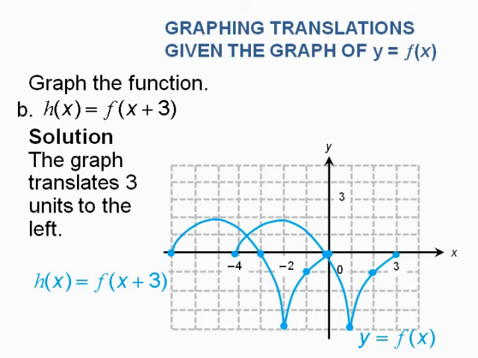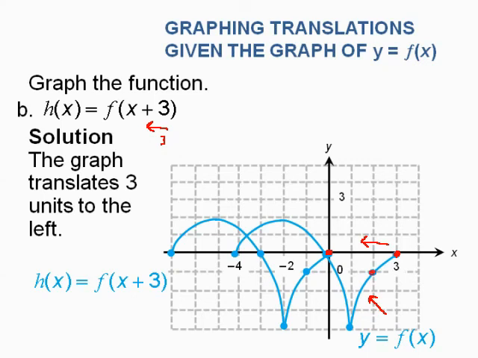Or if we take that function f of x, now why didn't they use different colors here again? Fortunately, don't worry, Young's got your back. All right. Now this one, since the plus 3 is on the inside, it's not going to be vertical but horizontal. And careful, this one shifts the direction you don't expect. So in other words, if I take this point here, notice it shifts if I plug it in 3 that way.